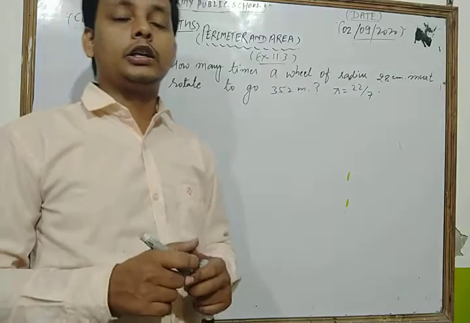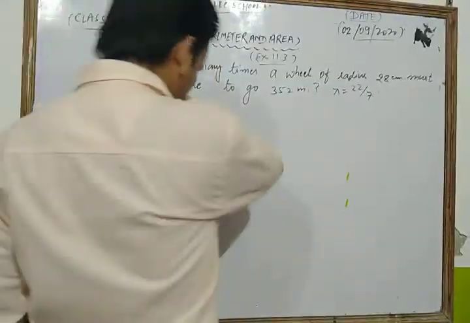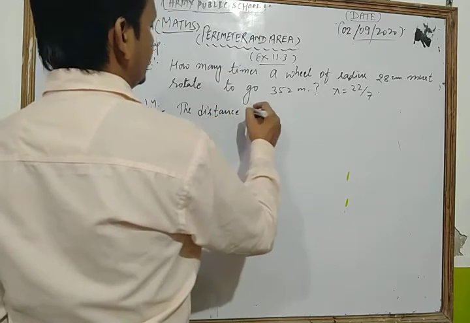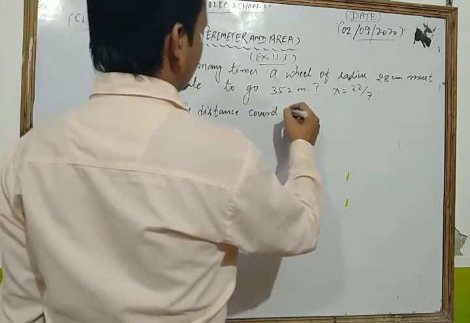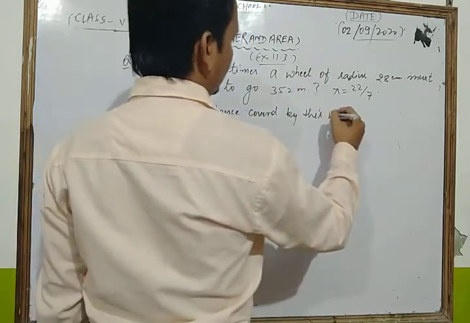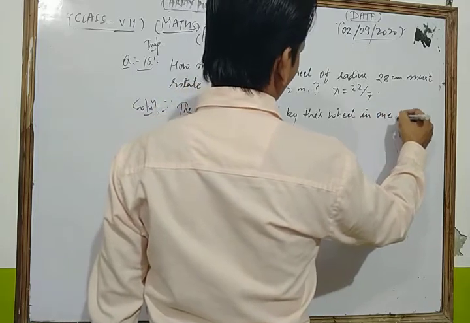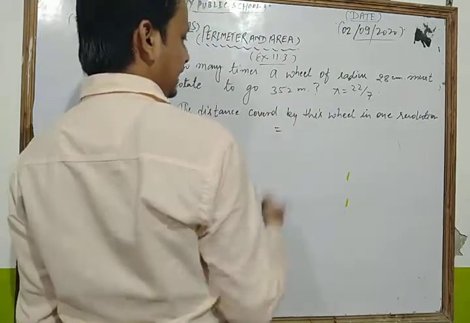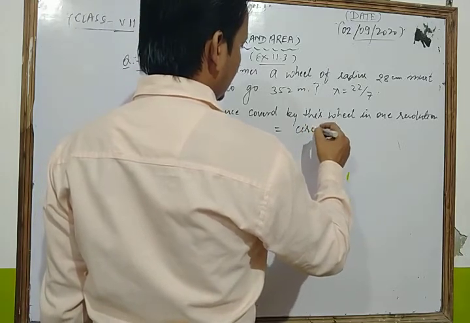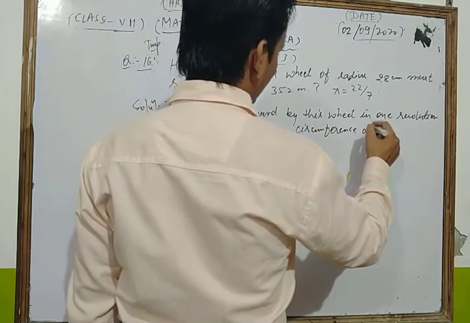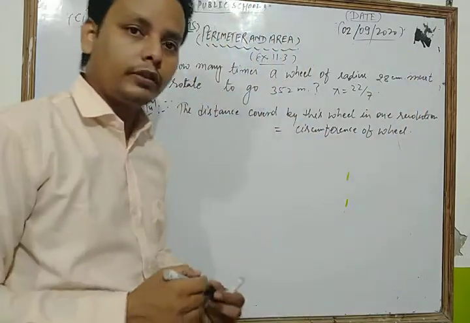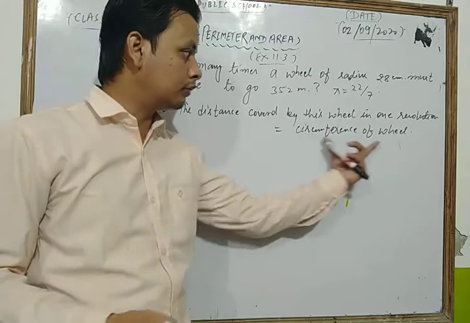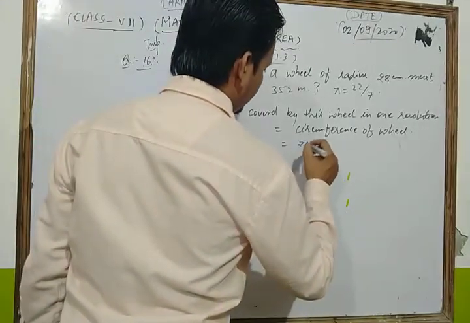The distance covered by the wheel in one revolution is equal to its circumference, that is 2 pi r.